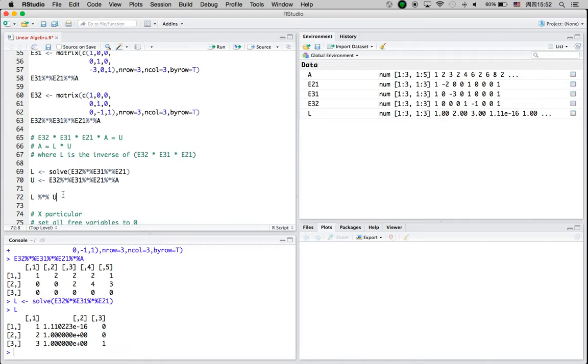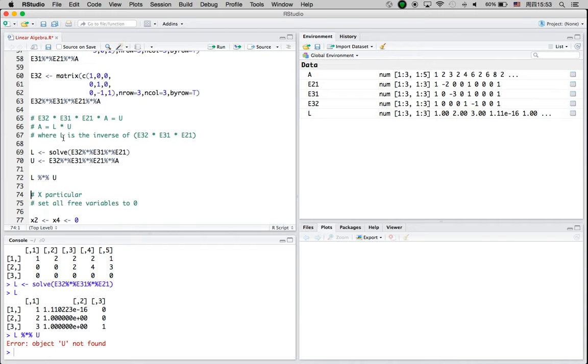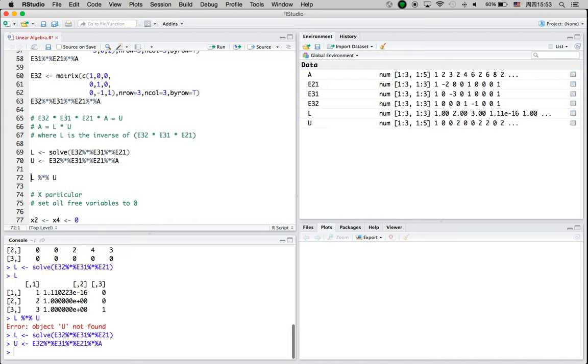If we multiply L by U, we should get the matrix A. So first get the elimination matrix, take the inverse, and that will give us L. And U is the elimination matrix multiplied by A.